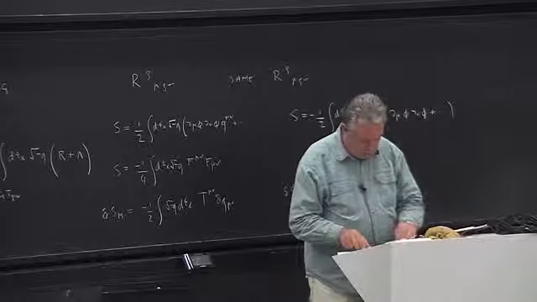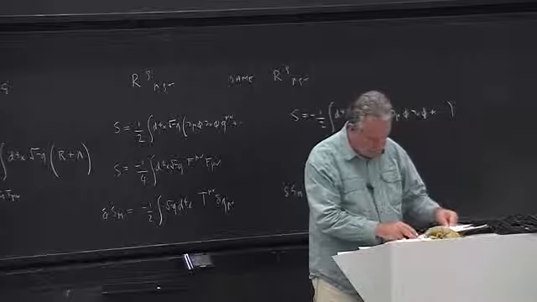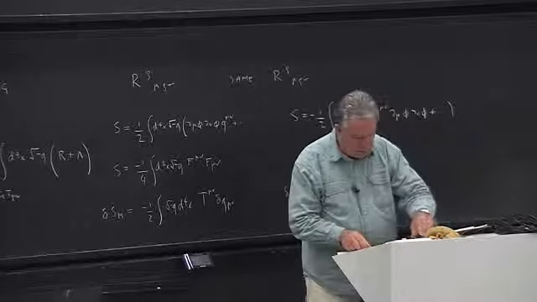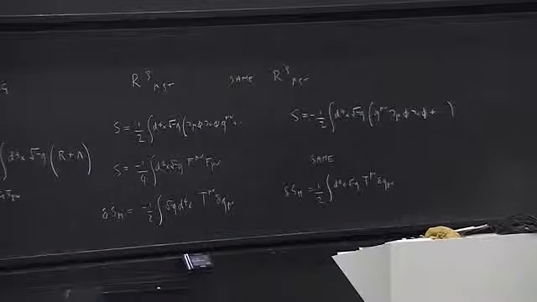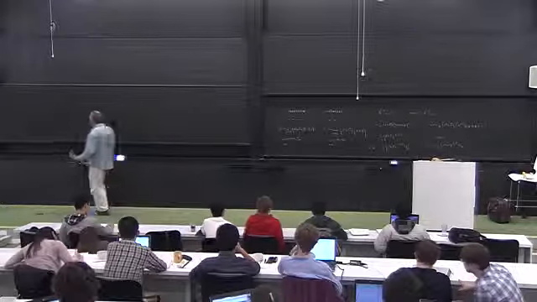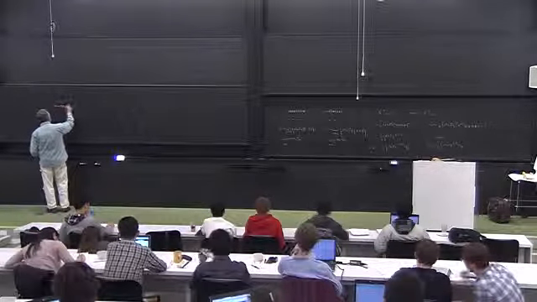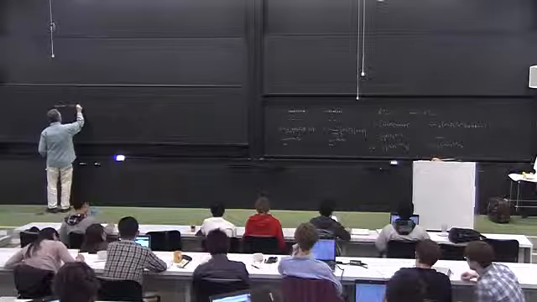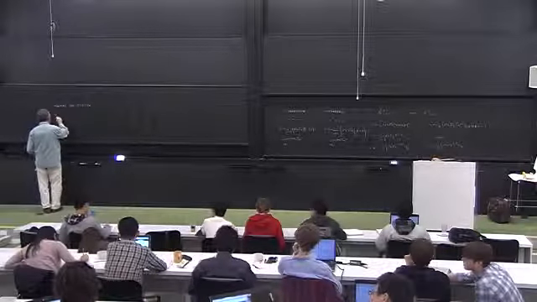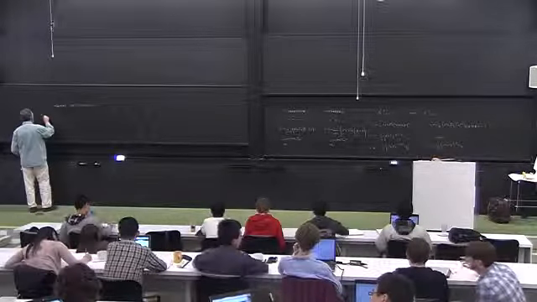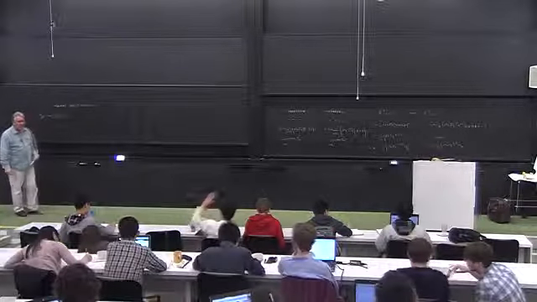So we started talking about Lagrangians, scalar Lagrangians, vector Lagrangians, and we had this principle which is called minimal substitution. Which just says you take your flat space theory, and everywhere you see an eta, you replace it by a g.